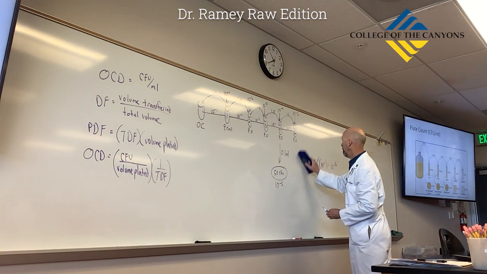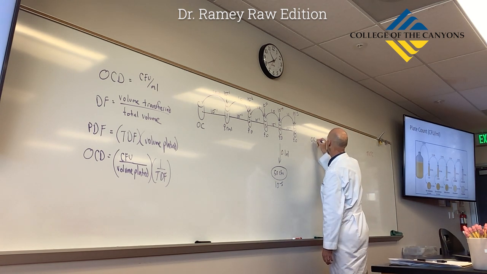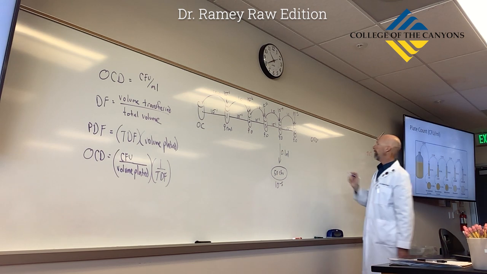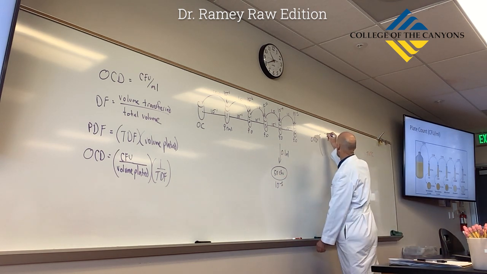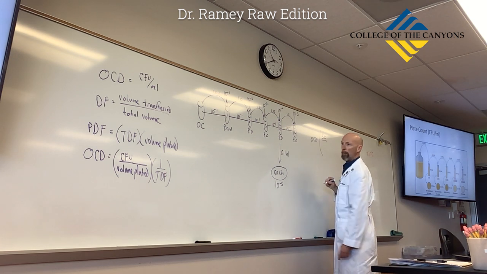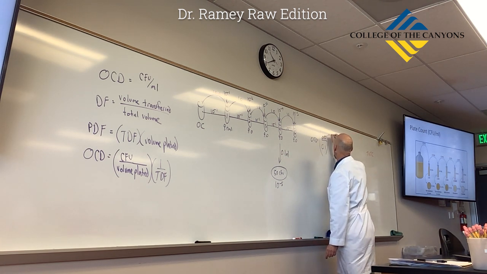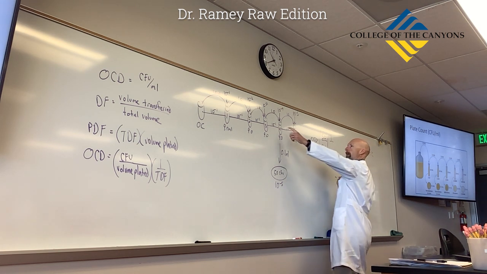I'm going to erase this now. Let's do this calculation. OCD equals, okay, CFUs 50 over volume plated 0.1 times 1 over the total dilution factor of the tube.